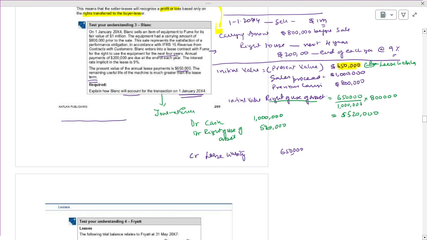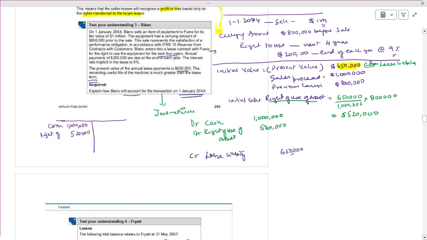Keep a T account. They are receiving cash of 1 million. They are receiving the right of use asset, so the asset increases, by 520.